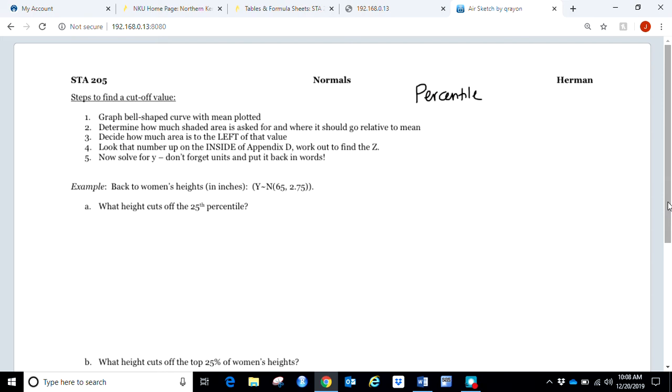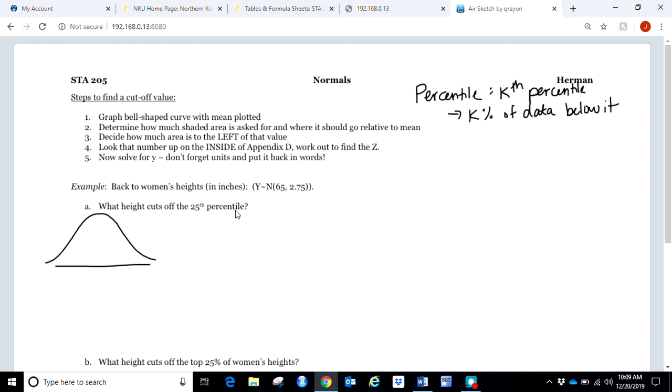So when I think about percentile, if I have the kth percentile, what that means is that k% of the data is below it. So if I'm trying to find the 25th percentile, that means I'm going to have 25% of my data below it. Let's make sense of this in a picture.